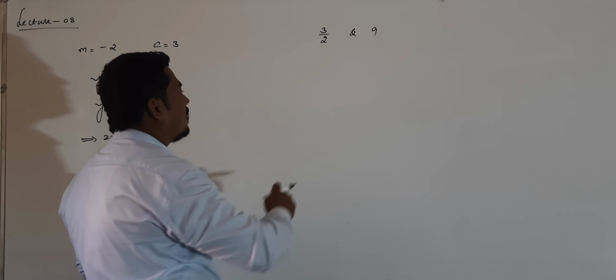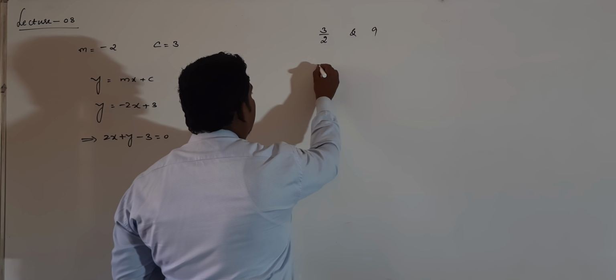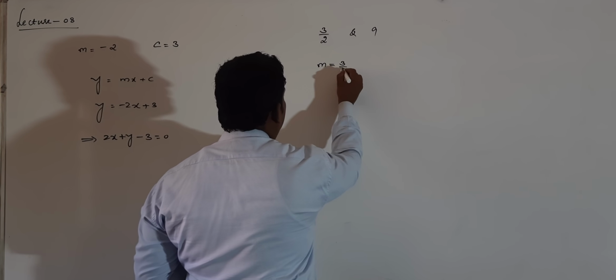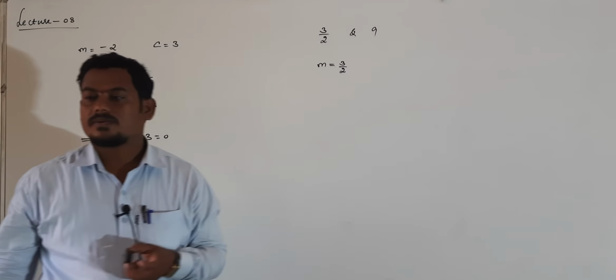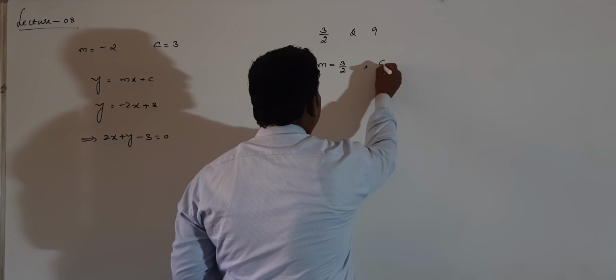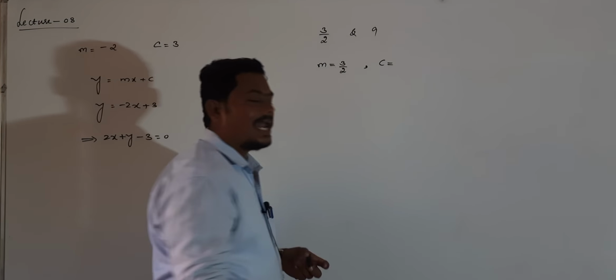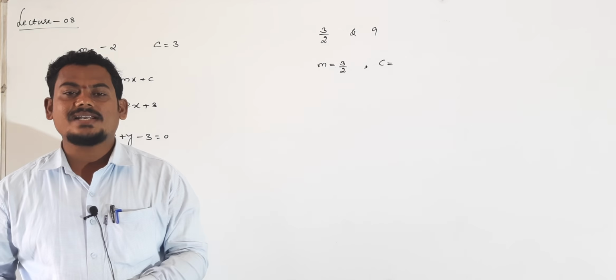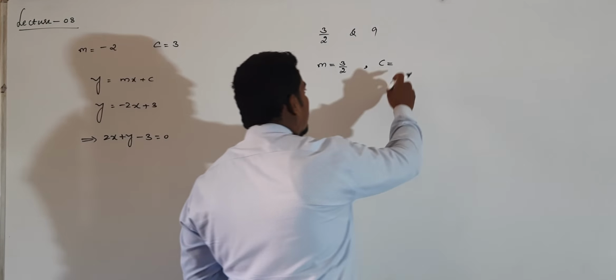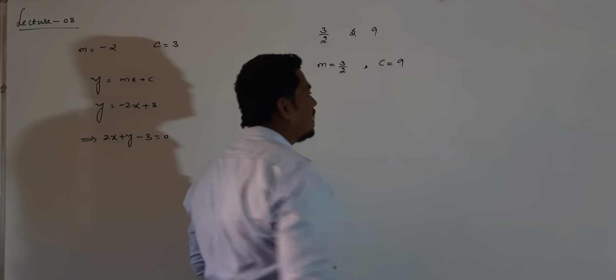Now clearly slope means m value they have given, right? 3/2. And one more condition they have given, that is y-intercept. You already know the standard notation for y-intercept: small c, right? That's equal to 9.